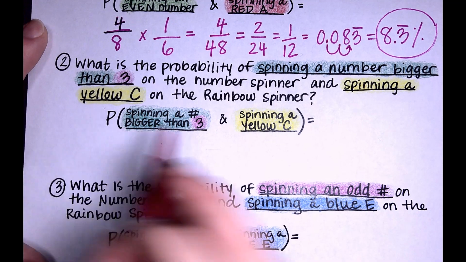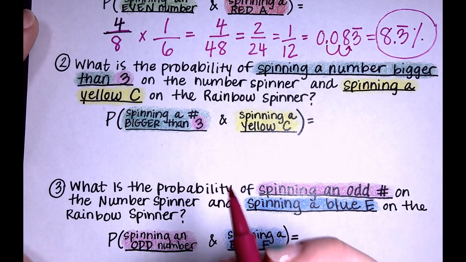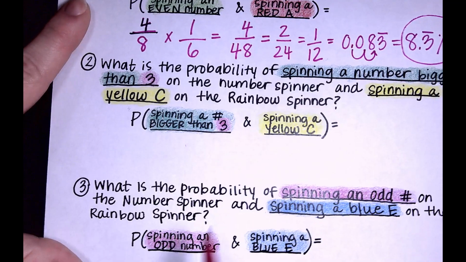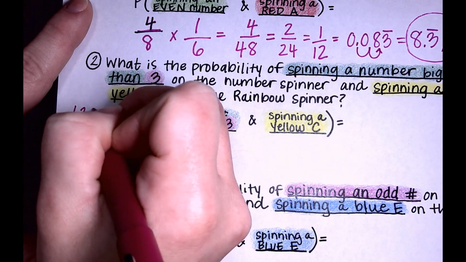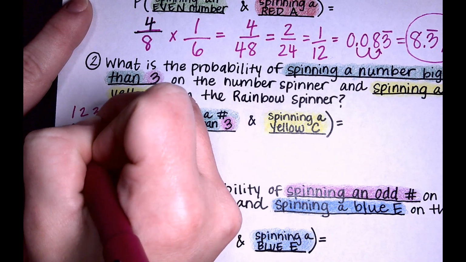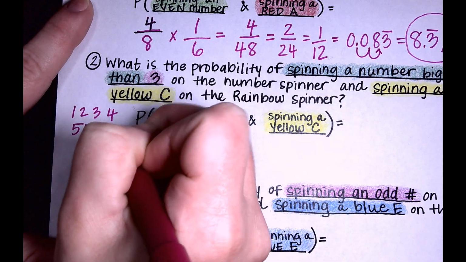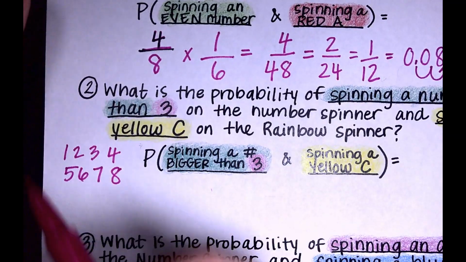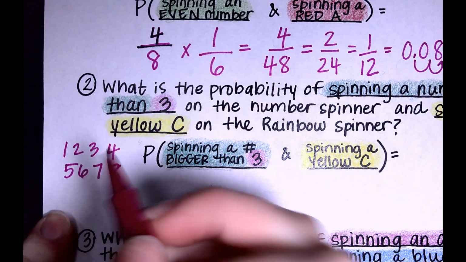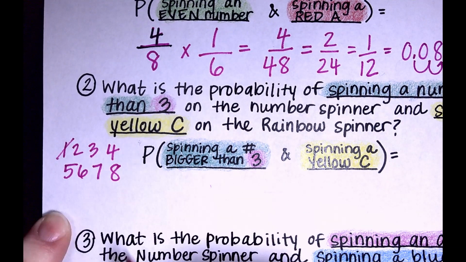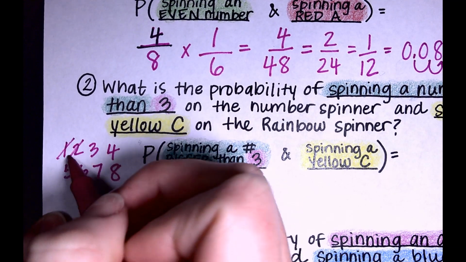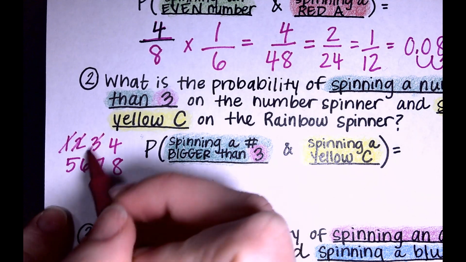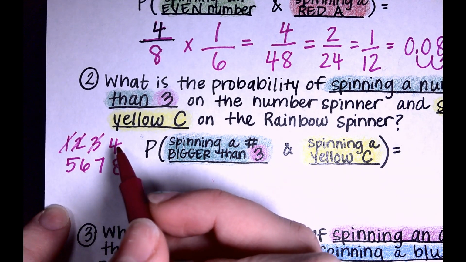Let's see. I need to count and see how many numbers are bigger than 3 on that spinner. So I have all these numbers: 1, 2, 3, 4, 5, 6, 7, and 8. Is 1 bigger than 3? No. Is 2 bigger than 3? No. Is 3 bigger than 3? No. Is 4 bigger than 3? Yes.